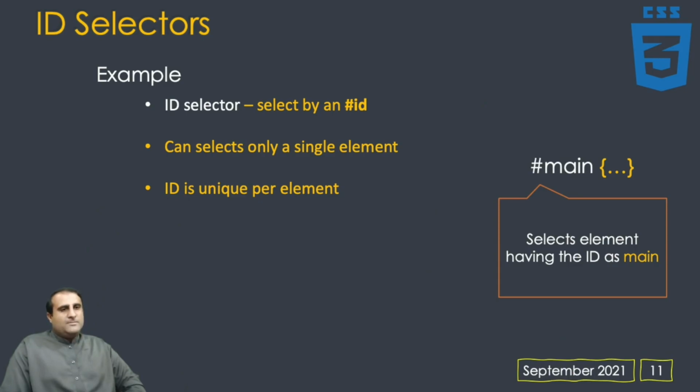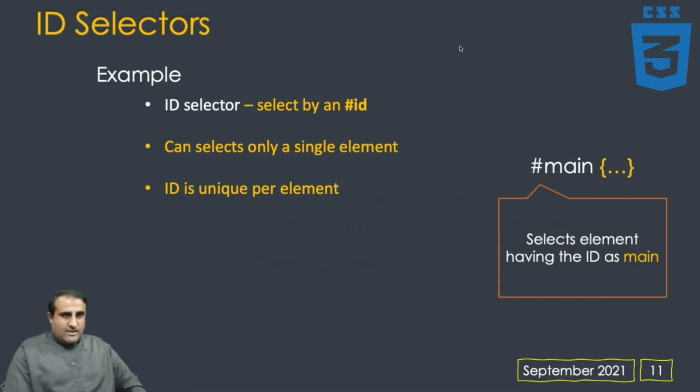What it implies is that we can apply the style of our ID selector to only a single element, because in principle every element should have a unique identifier or ID. It will select the particular element which has the ID main, as we see in this example.